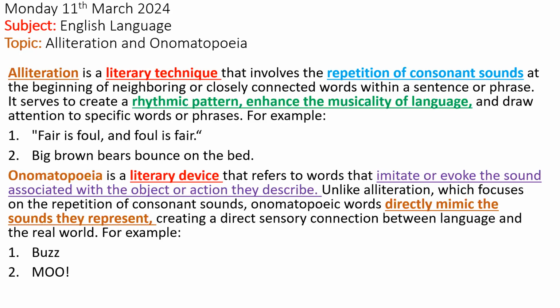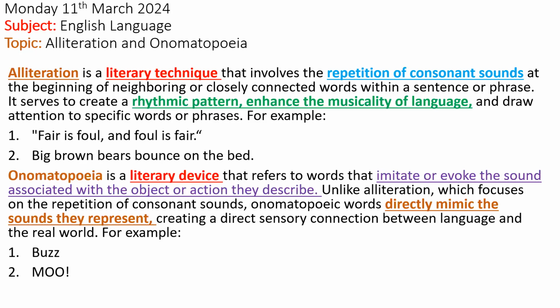They're there to enhance the writing, to add another dimension to it, because these devices focus on the sense of hearing. Imagery is very big, as we discussed last week with simile and metaphor, helping you picture certain things.